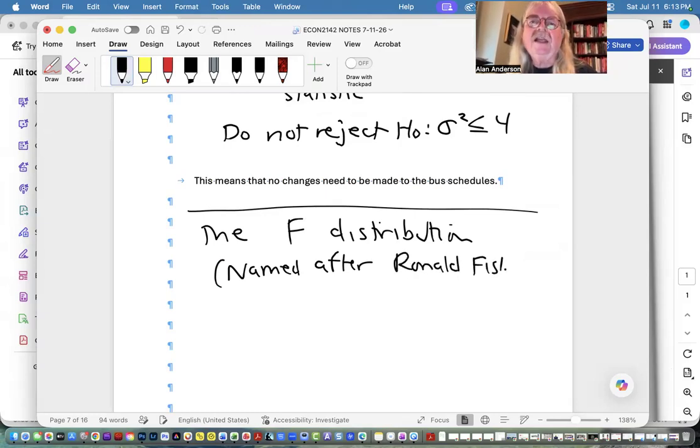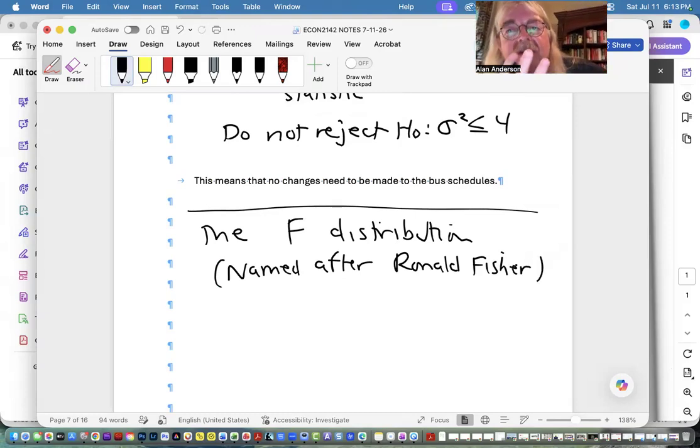He was one of the real heavyweights in statistics history, okay, like Newton in physics. So a lot of statistics that we know were developed by him. Anyway, so how is this one different?